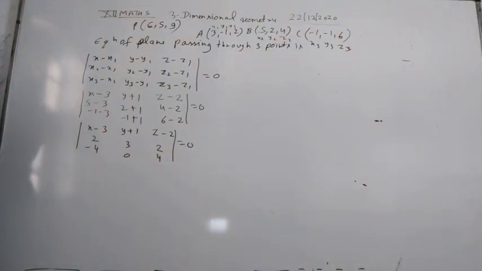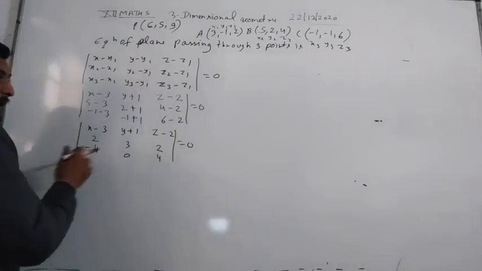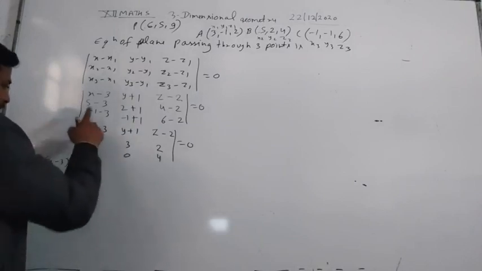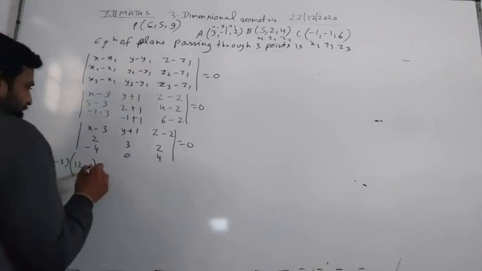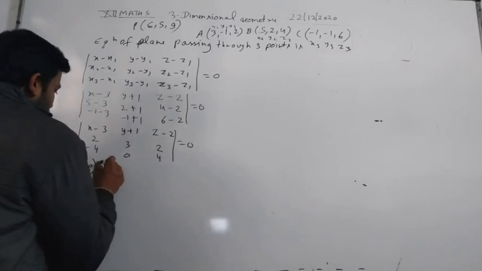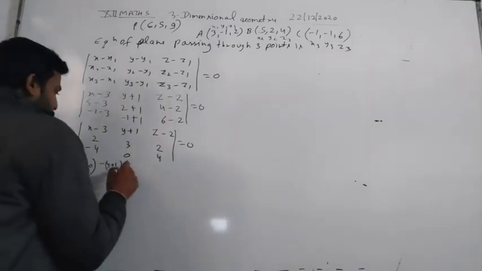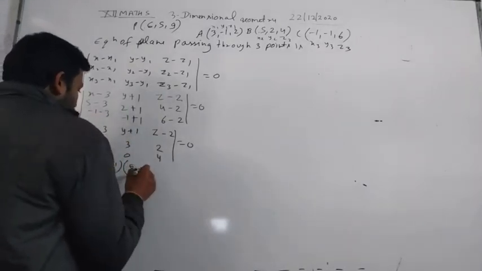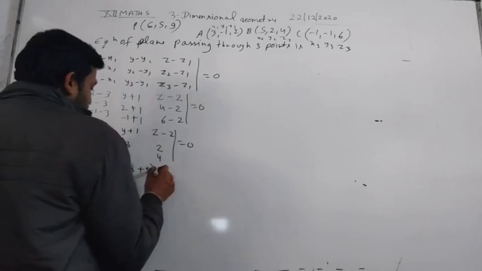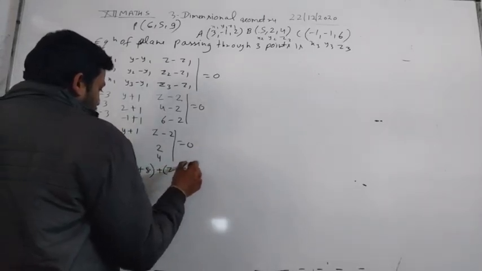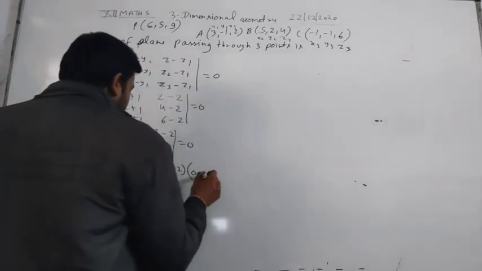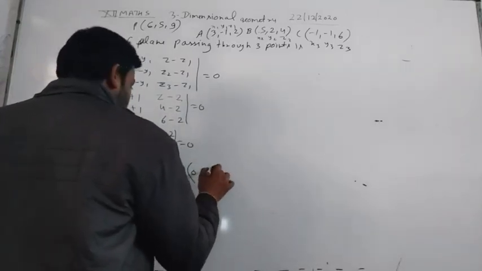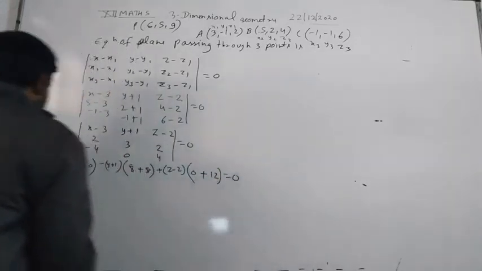Now we will expand it and find our equation of the plane. Expanding, the terms cancel, and we get 18 minus 0, which is 18, times x minus 3, minus 12 times y plus 1, plus 12 times z minus 2, is equal to 0.